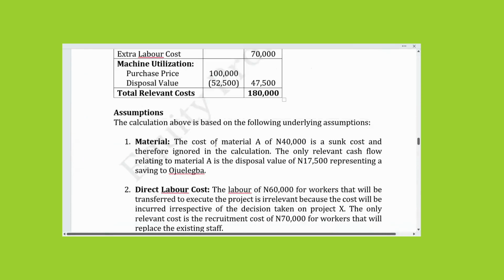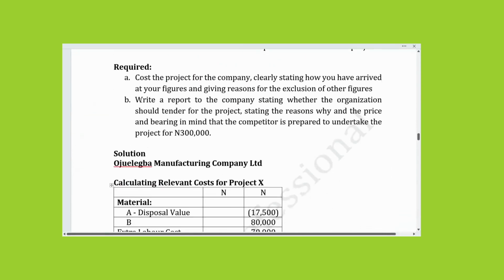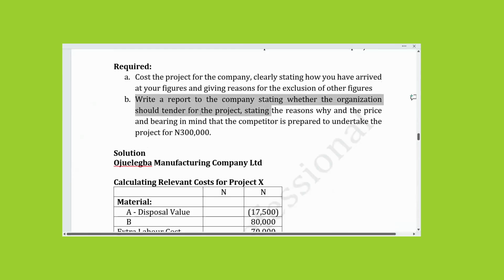Remember, in the question, the examiner has told you what information should be included in your report. You have to write a report to the company stating whether the company should tender. That means you need to advise, stating reasons why they should tender, and the price that they should quote. Bearing in mind, the competitor is willing and ready to undertake the project at 300,000.